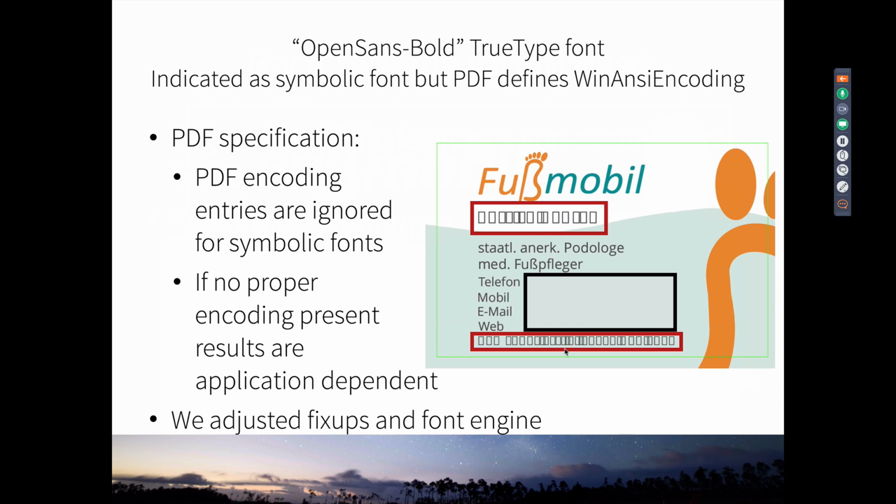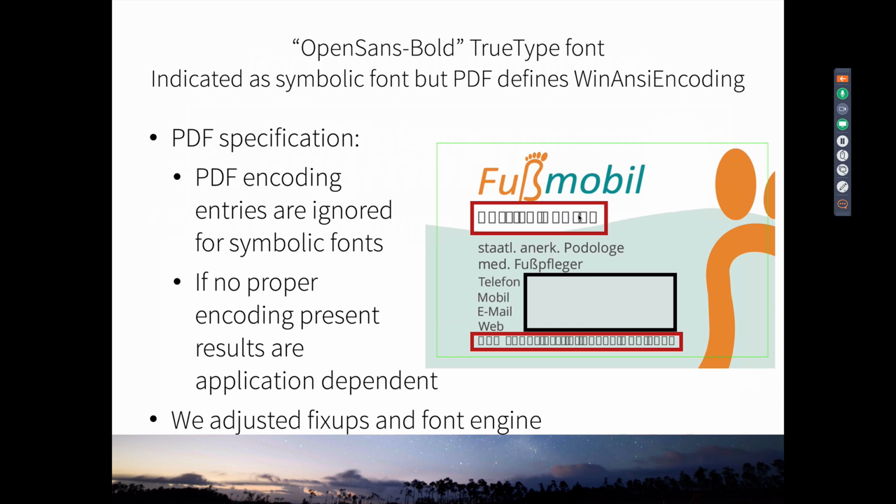And we ourselves, for this particular case, had to adjust our fix-ups and font engine, so we have done so already some time ago. So the cure here for this case would be to ignore the symbolic entry. Open Sans Bold is definitely not a symbolic font.